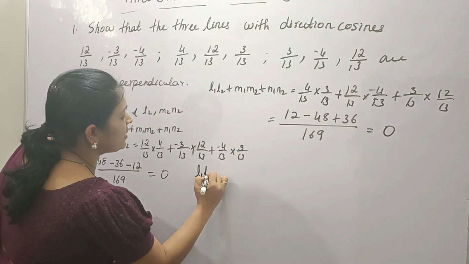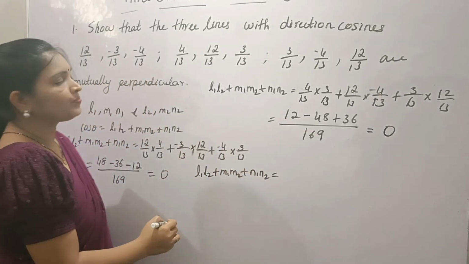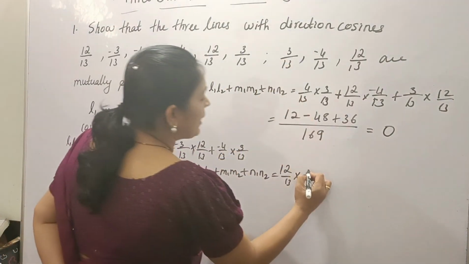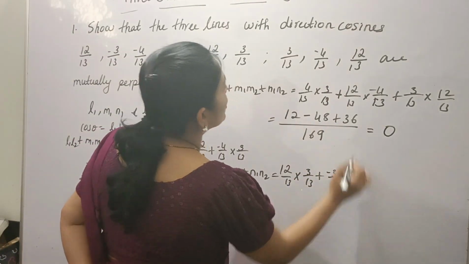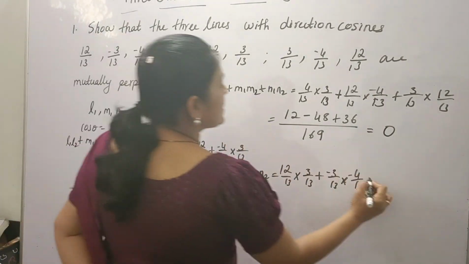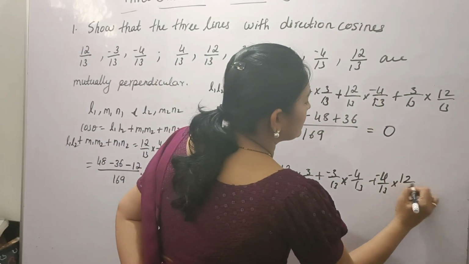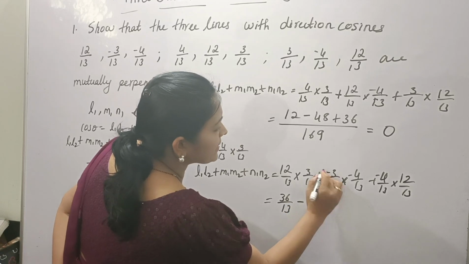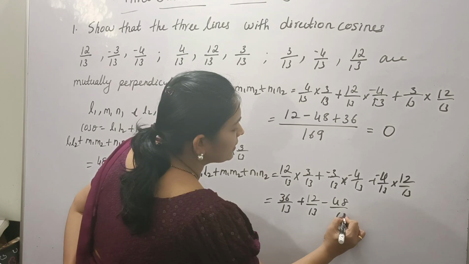Next we will find l1 l2 plus m1 m2 plus n1 n2 is equal to 12/13 into 3/13 plus minus 3/13 into minus 4/13 plus minus 4/13 into 12/13. That is equal to 36/13 plus 12/13 minus 48/13.